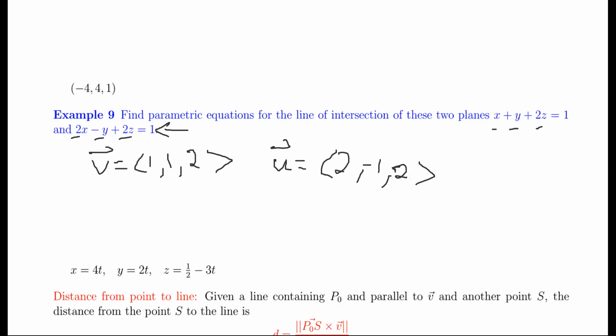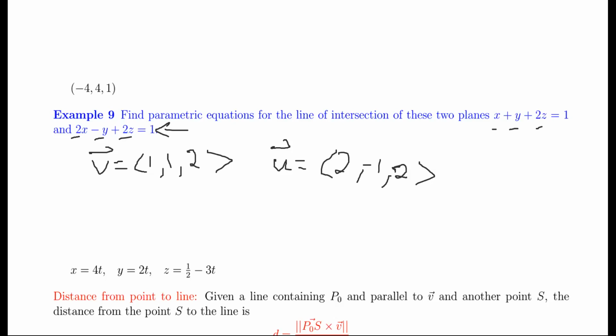Think about what that actually means. If they're normal to both of these planes, then we take a cross product of these two vectors. If we take a cross product of these two vectors, we get a new vector that is orthogonal to both of these vectors.